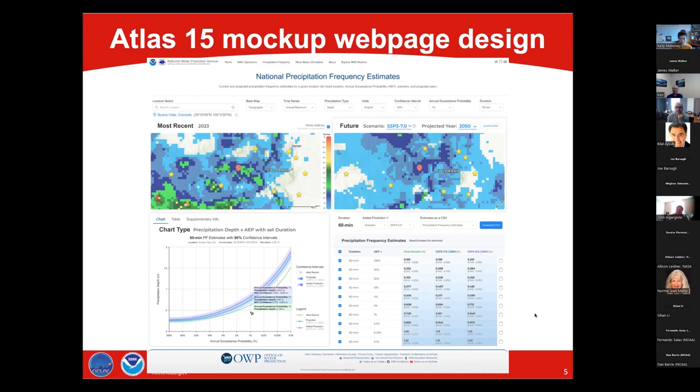So if we were interested in the 1% AEP, which would be equivalent to the 100-year, there will be an updated value, listed here as the most recent value. And then there'll be various options for looking ahead into the future. This particular mock-up includes 2 scenarios for mid-century. And in general, those values will be higher in the future than they are for the current.